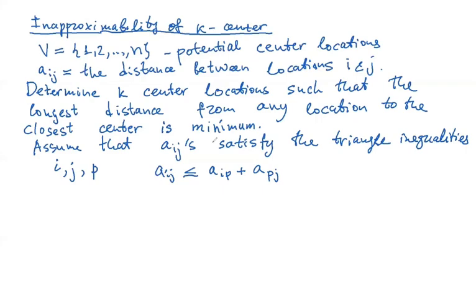Okay. So nevertheless, we will show that the problem of approximating this K-center problem within the approximation ratio of 2 is actually NP hard. Okay, so we are going to look at the problem of approximating this.